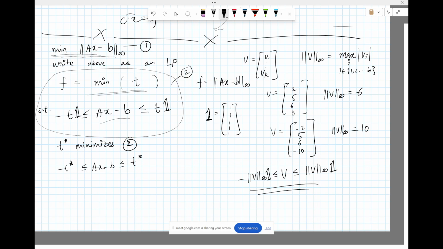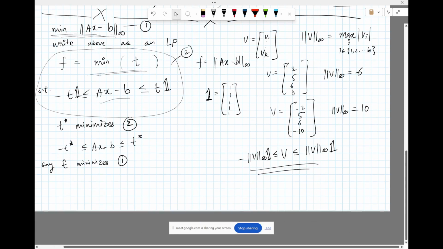Okay, and let's say there is some t hat that minimizes 1. So t hat will also satisfy this.